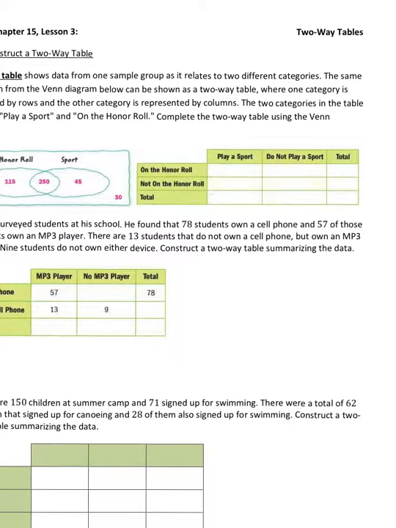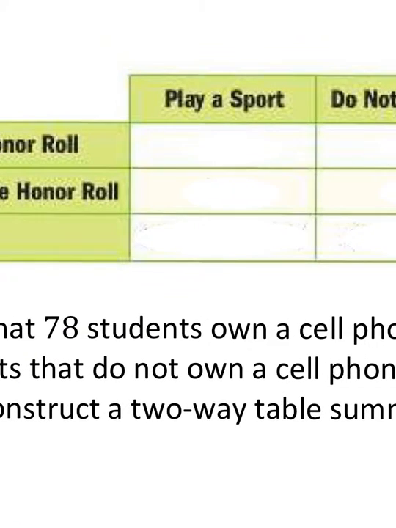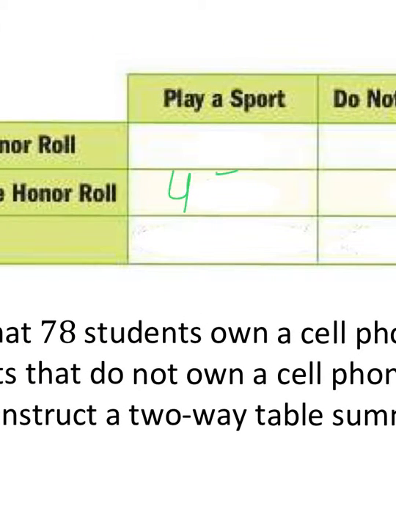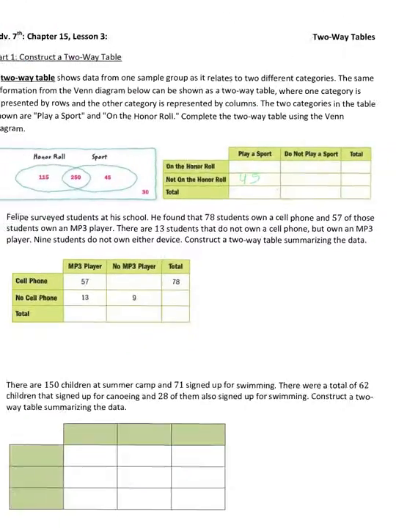So students that play a sport that are not on the honor roll is 45. Zoom in a little bit more. Okay.